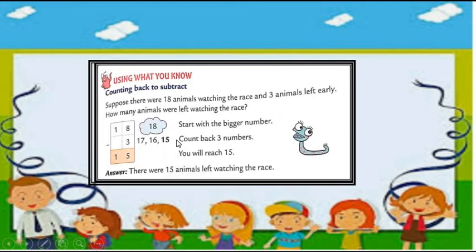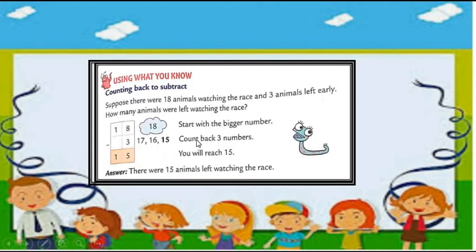So, how can we make subtraction by counting back? First of all, start with the bigger number. Here we have numbers 18 and 3. So, we can say that 18 is the bigger number. Start with the bigger number. Count back 3 numbers. How can we count backward?